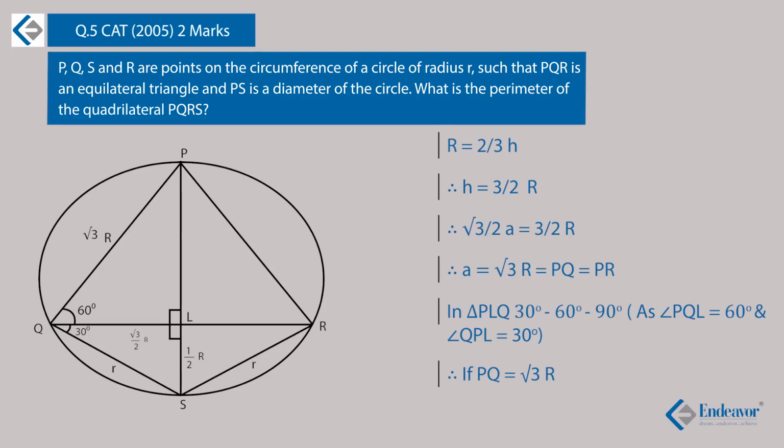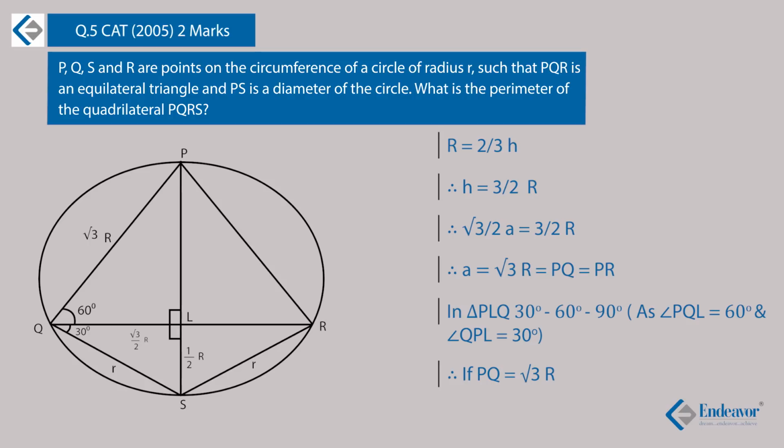We also know that angle QPL will be 30 degrees because this line PS is symmetric on both sides, so it should divide the equilateral triangle into equal halves, and therefore the angles should also be equal. So QPL is 30 degrees, because of which I get angle QLP as 90 degrees, and that gives me the master stroke of a 60, 30, 90 triangle.